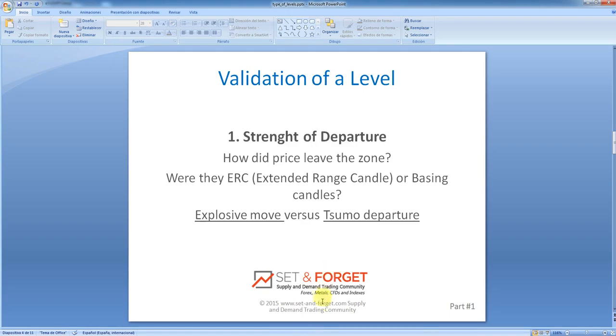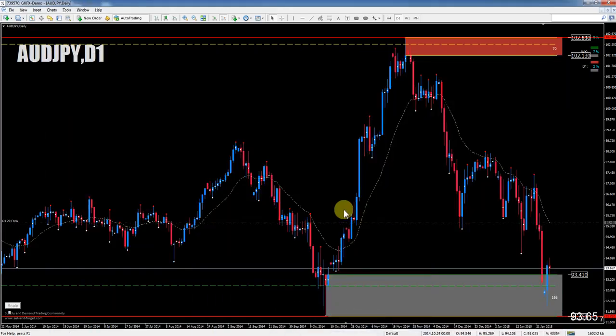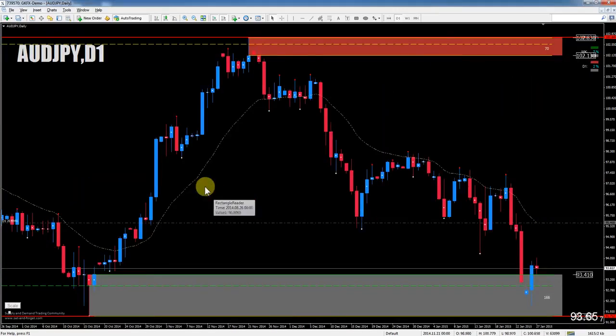Very, very important. So, assumed departure. What is assumed departure? Assumed departure is a very slow move, a lot of trade in the zone, or a stair-step ladder type of level. Like, let's say, look at this one. As you can see, rally, base, rally. Look at these candles over there. Let me zoom in a little bit.